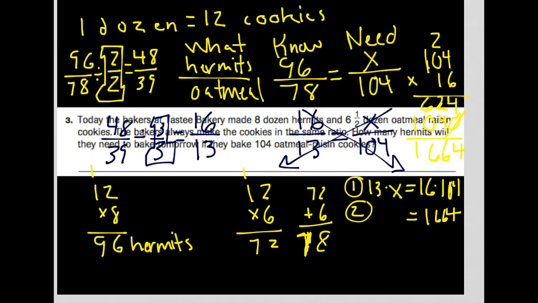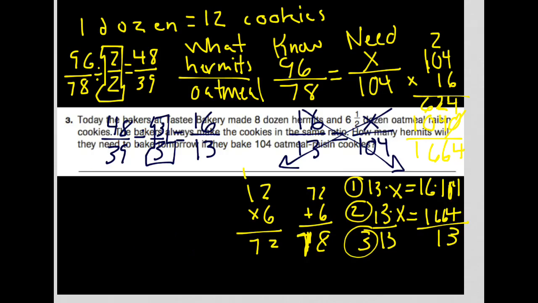So I got 1,664 equals 13 times x. Now I need to divide both sides by 13. So I'm going to go ahead and divide. 1,664 divided by 13. 13 can't go into 1, but it can go into 16 one time. 16 minus 13 is 3.